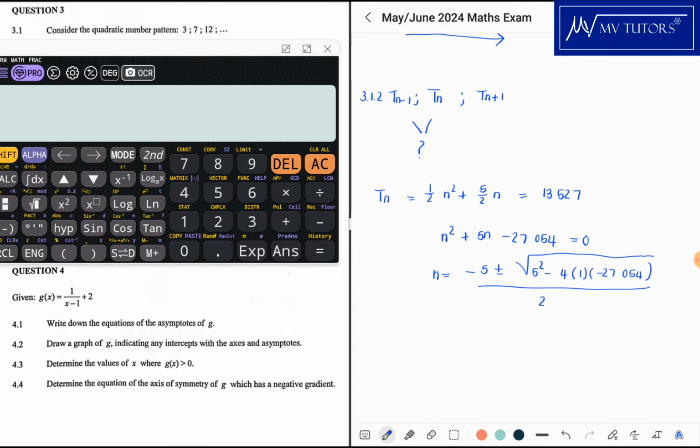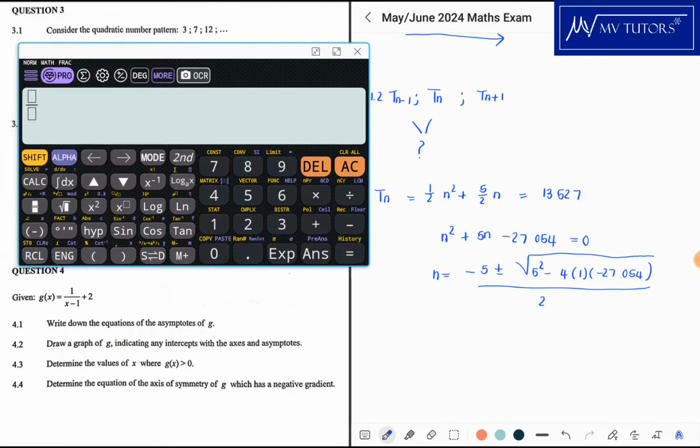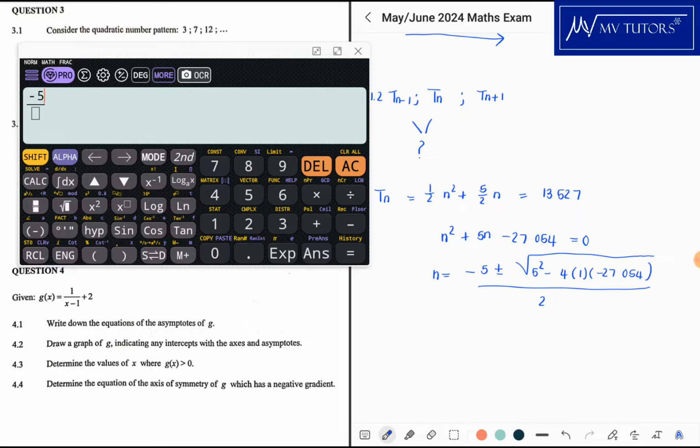So let's put that all in a calculator. We have minus 5 plus the square root of 5 squared, which is 25, minus 4 times negative 27,054, divided by 2, and we get that n is 162, or n, I am assuming it's going to be a negative answer.